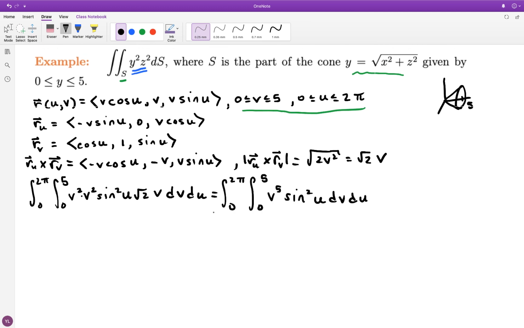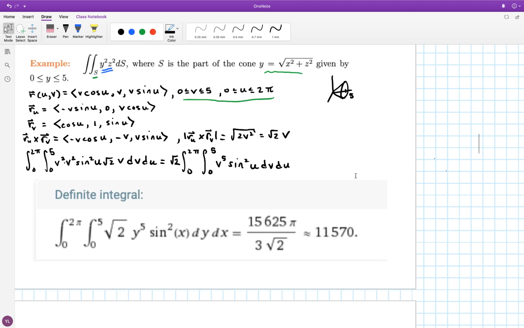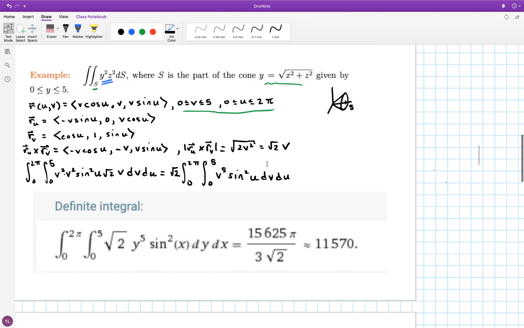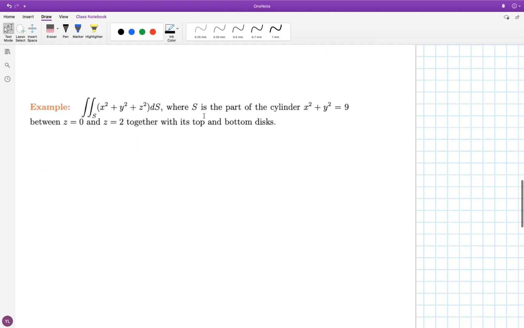So here's the double integral that I need to compute, where I forgot the square root of 2. Maybe I'll go over to Wolfram Alpha to get that done. All right, maybe not the worst integral in the world to compute. Sine squared, I would just have to apply a double angle or something. But anyway, Wolfram Alpha is giving me this as an answer. So we're ready to do another example.